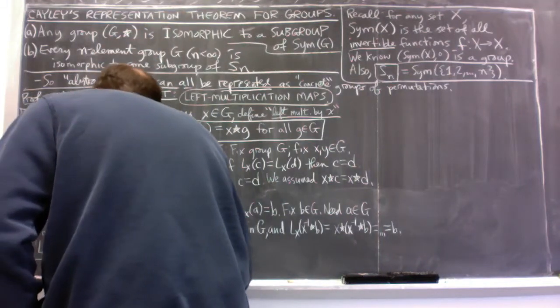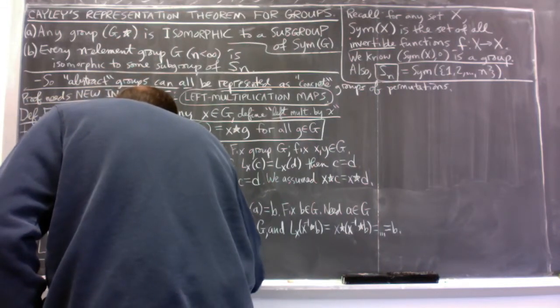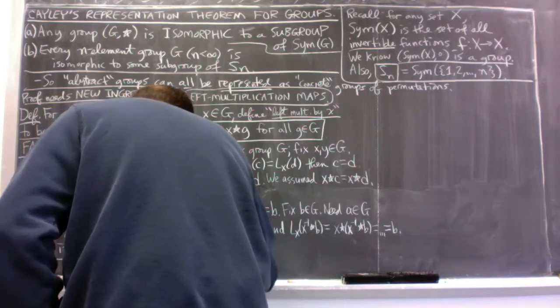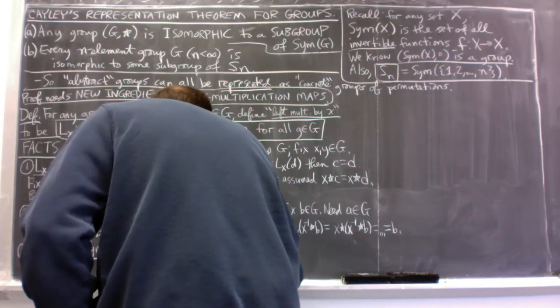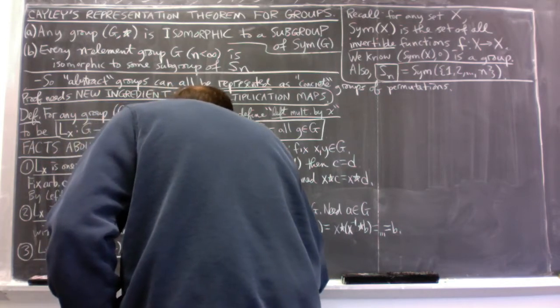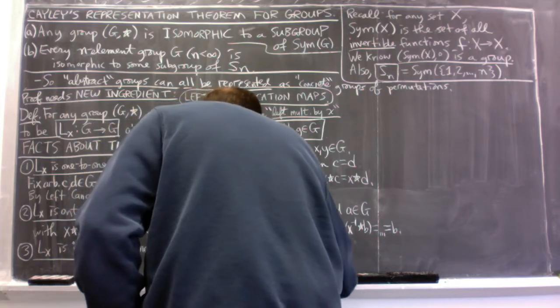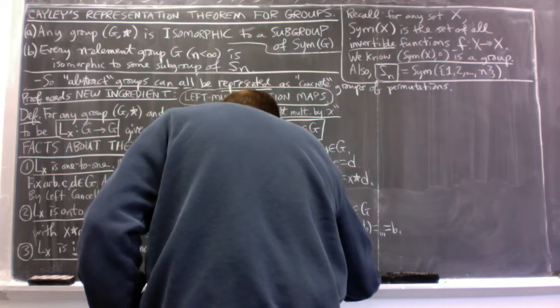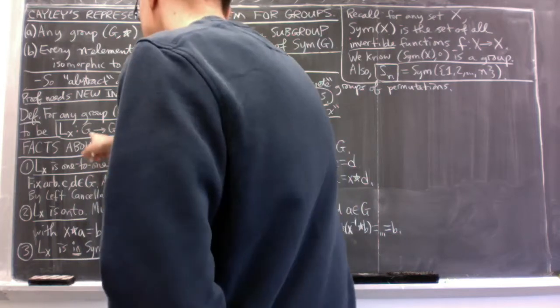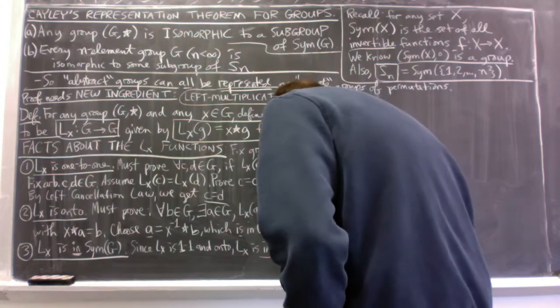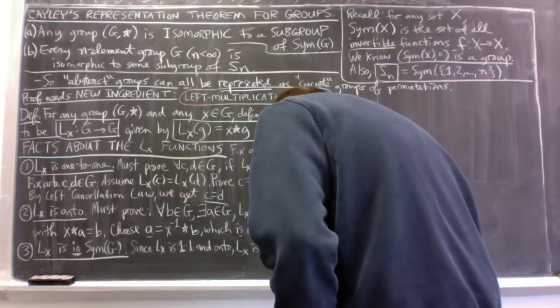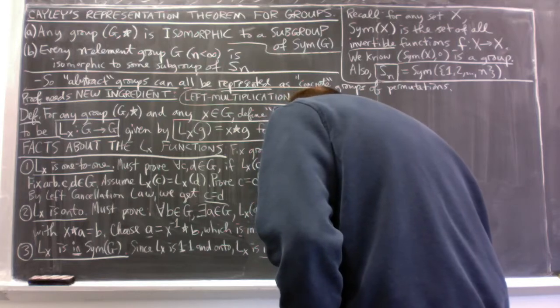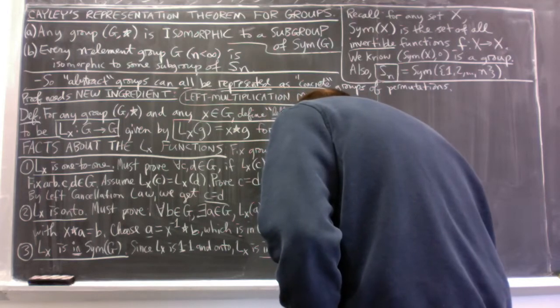So that's immediate from what we just did. Since Lx is one-to-one and onto, Lx is invertible. It's an invertible function from G to G, and that's what it means to belong to this group.